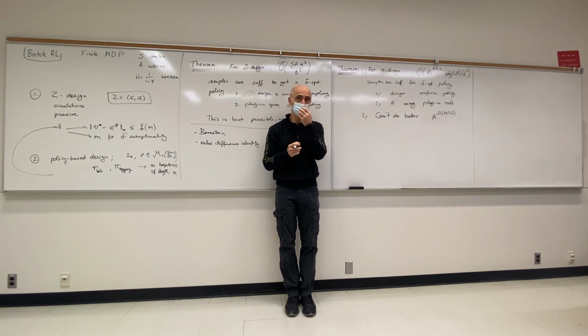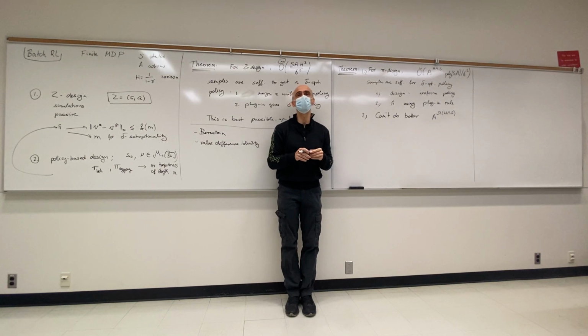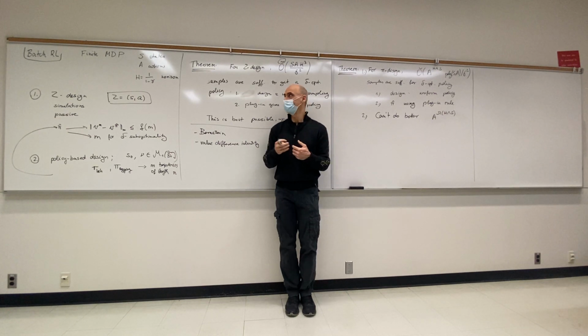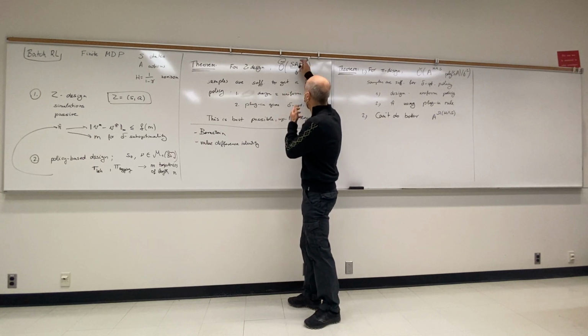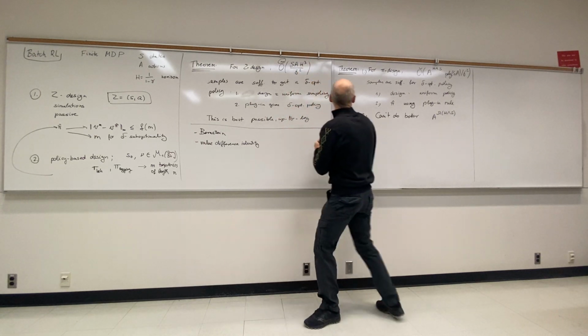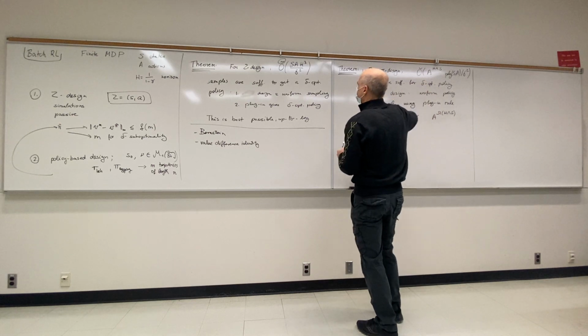Even transition probabilities, if you need to write them down, you need S squared times A entries, right? For every state action pair, we have S possible next states, so that's S squared A. And if you look at the sample complexity here, it makes no difference.